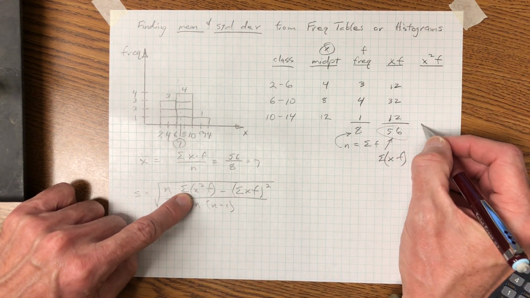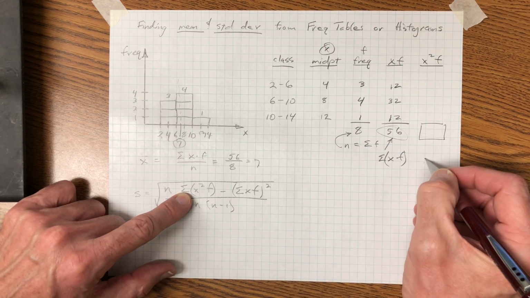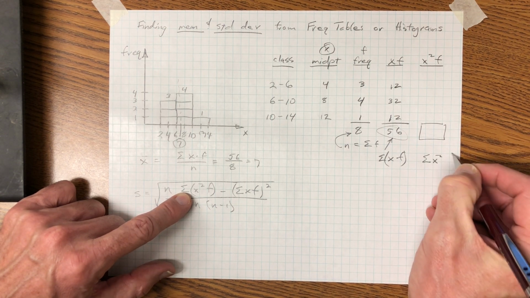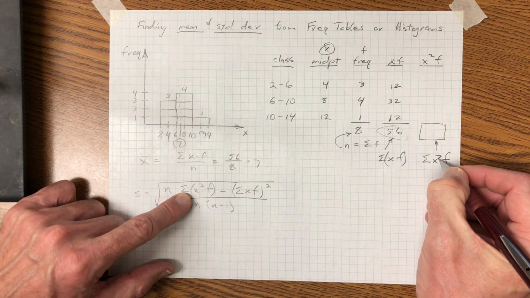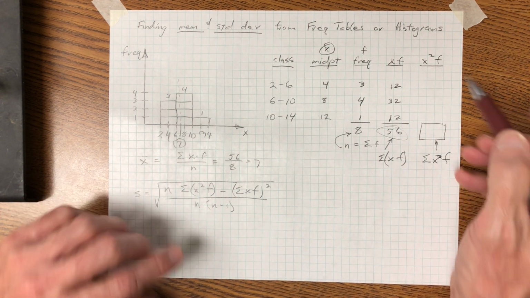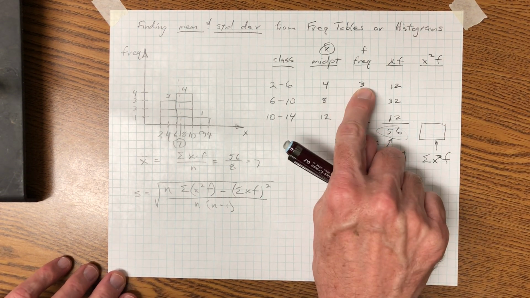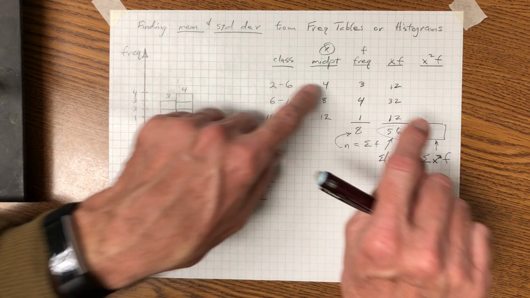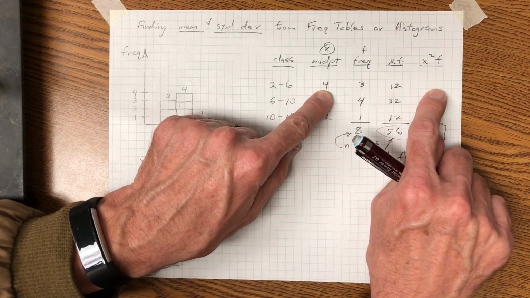That's this column here. So this is going to be the sum of the x squared times f's. That'll be this number in here. So we've got to figure out what is the x squared times f. You can either square the x and multiply it times f, or you can multiply x times f right there, and that'll be that same number.